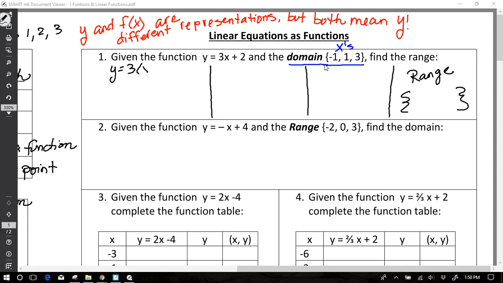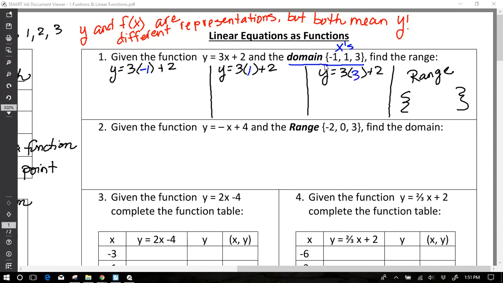So instead of y equals 3x, I'm going to put y equals 3 parentheses plus 2 everywhere. And remember, what I'm going to plug in are the -1, the +1, and the +3.